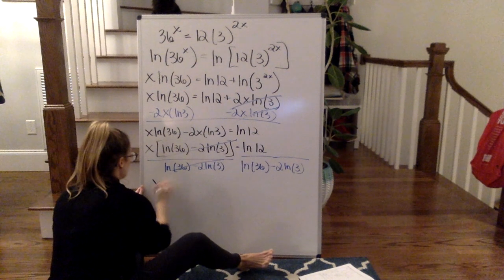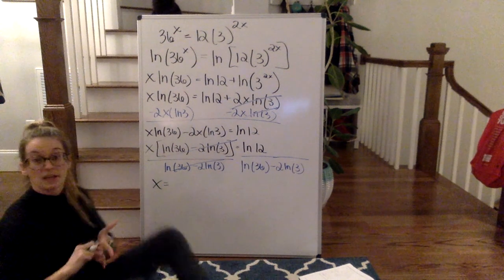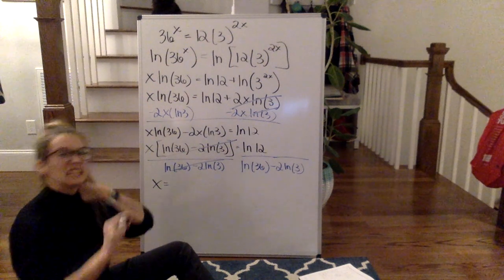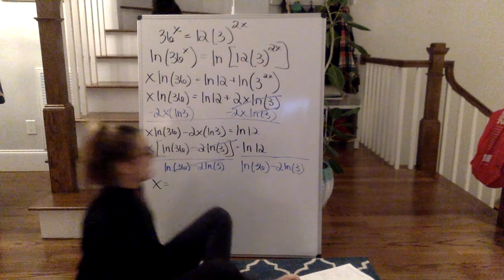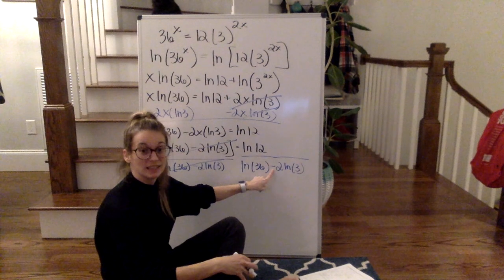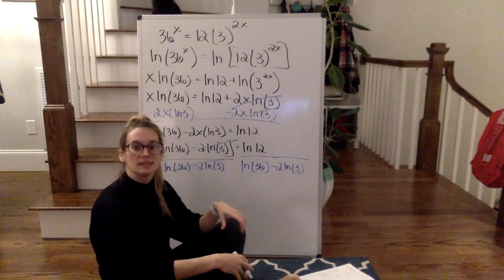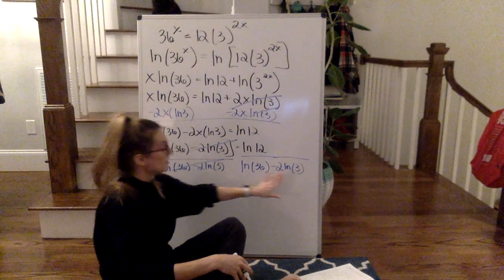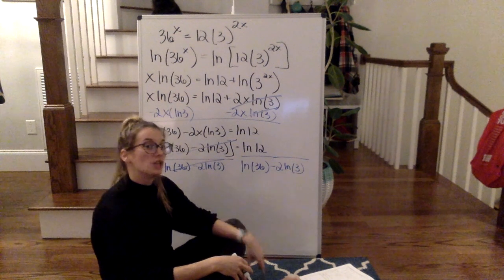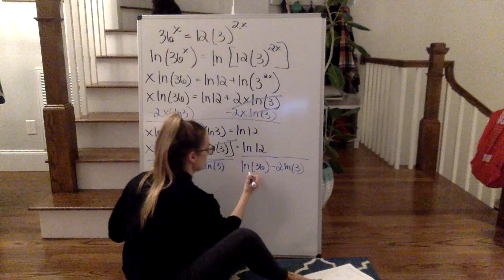So x equals, all right, now let's talk about what's happening on the right-hand side, particularly in the denominator. I am subtracting two logs that technically have the same base. This is a natural log, this is a natural log. The base is understood to be e on both of these.